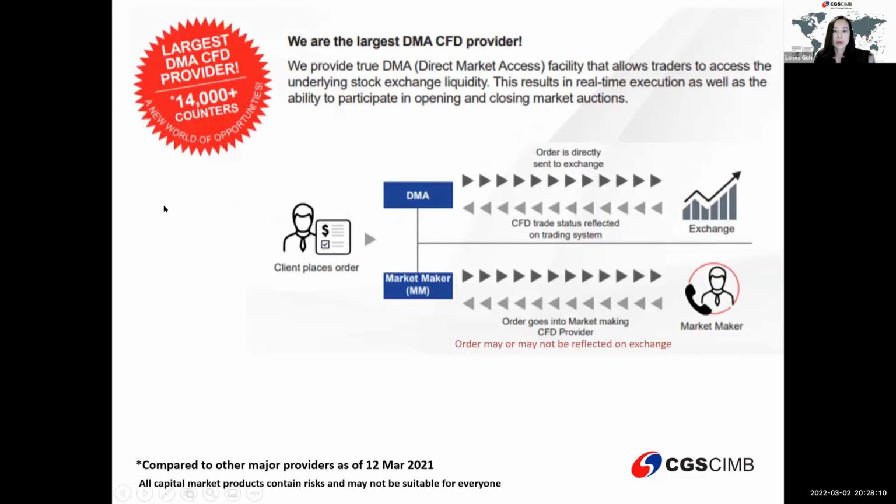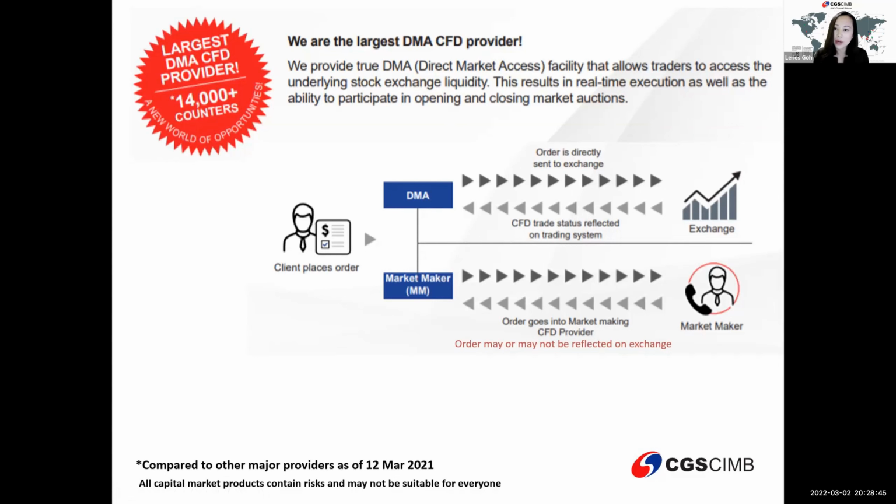Like I mentioned earlier, we are a direct market access CFD provider, and in fact we are the largest in the DMA space in the market. We have increased the number of counters we are offering, so the last update that I have is 18,000 counters across 24 countries. What we mean by DMA is that whenever you place an order, the order will be sent directly to the exchange.